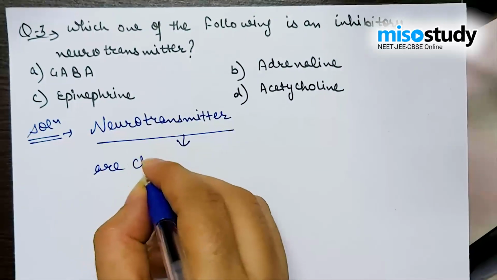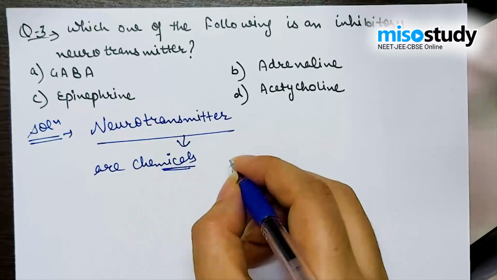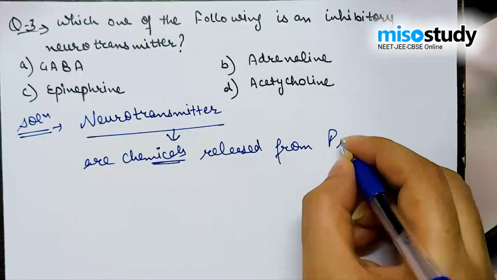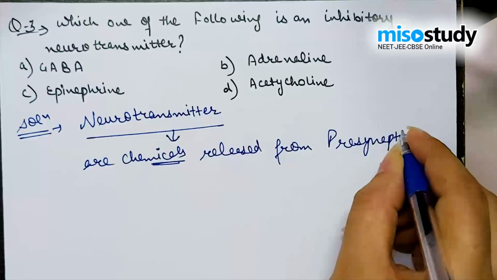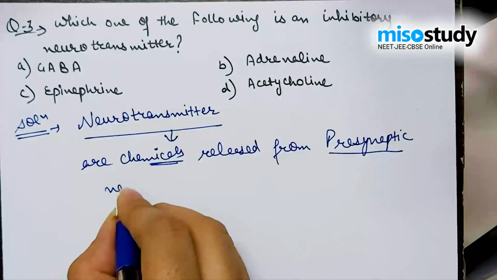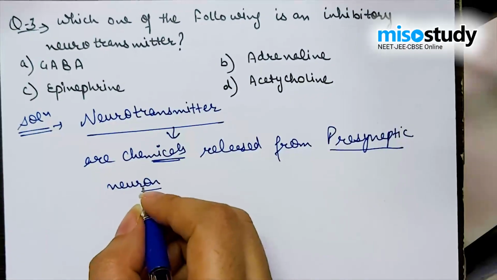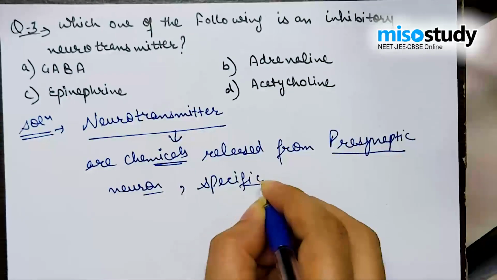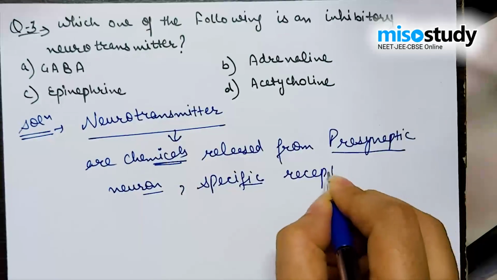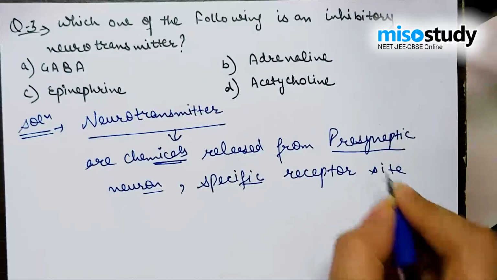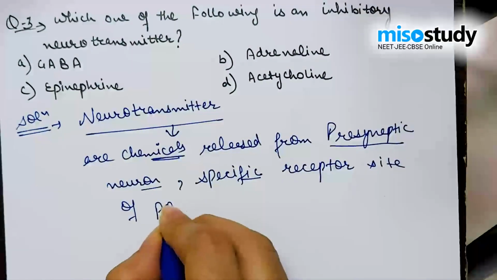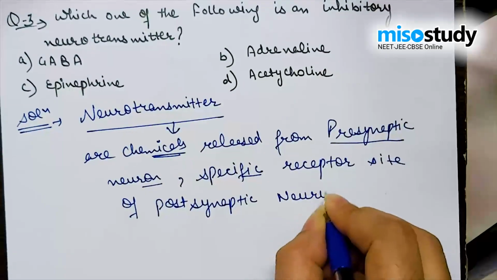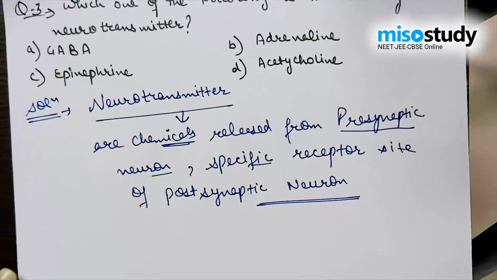Neurotransmitters are chemicals that are released from the presynaptic neuron and interact with specific receptor sites of the postsynaptic neuron.